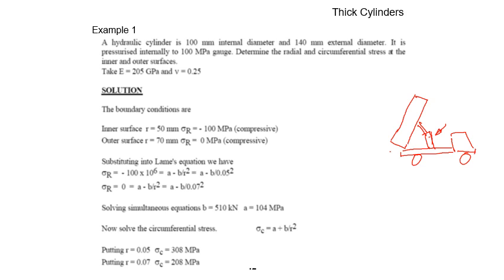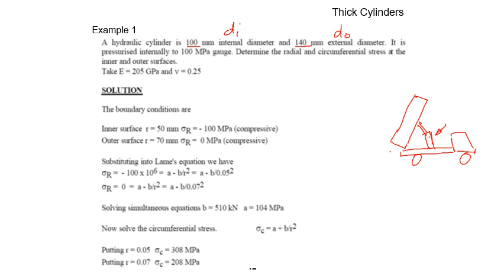So it says the cylinder has a 100 millimeters internal diameter and 140 millimeters external diameter. So now they give you DI and DO, right? You have DI 100 and DO is 140.